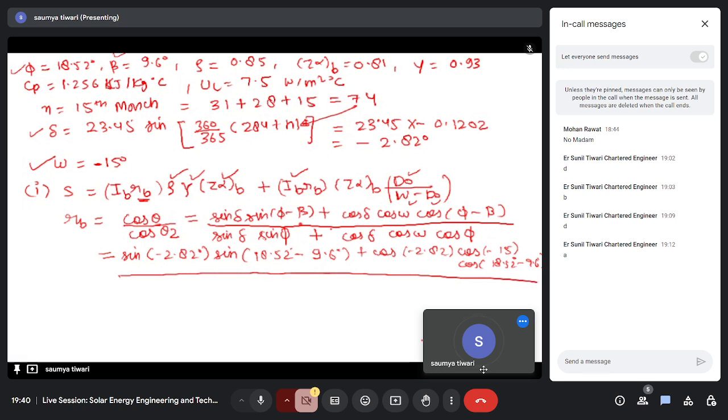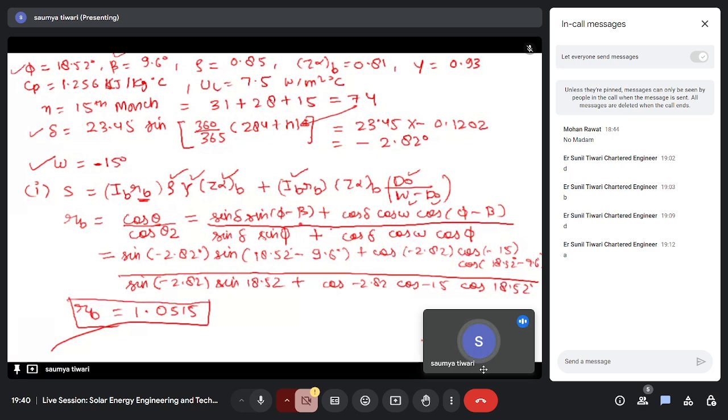Divided by sine delta, minus 2.82, sine phi, 18.52, plus cos delta, minus 2.82, cos omega, minus 15, and cos phi, 18.52. If you solve this, your RB will come to be 1.0515. So this will be your RB value.